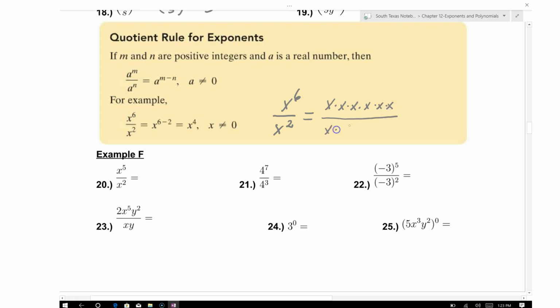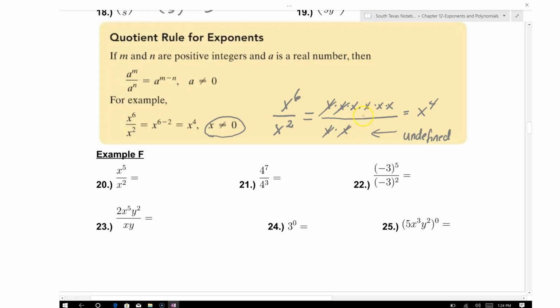And then you have x times x. And you notice this is 1 and this is 1. So you're left with 1, 2, 3, 4. You're left with x to the 4th. So that's how they developed the rule. Since we are dividing, we will have to be subtracting the exponents. You notice x cannot be equal to 0, because if x is 0, then this will be undefined.